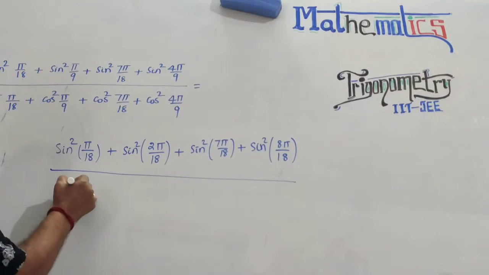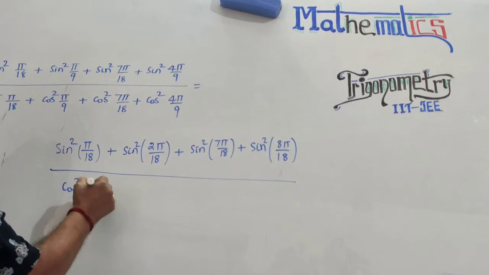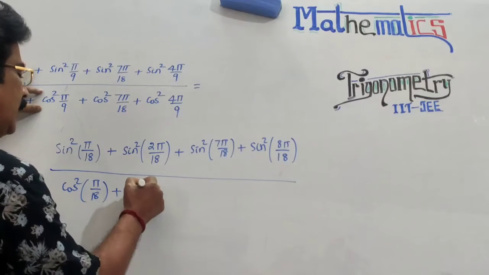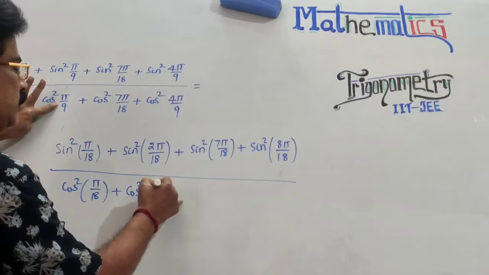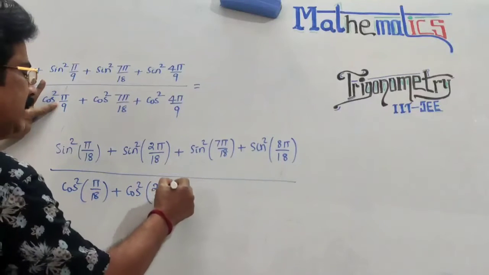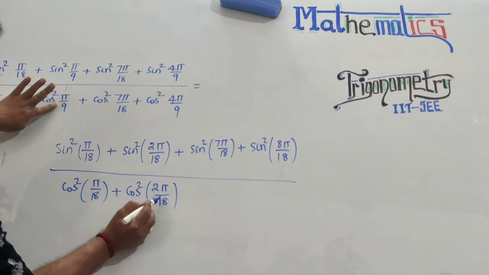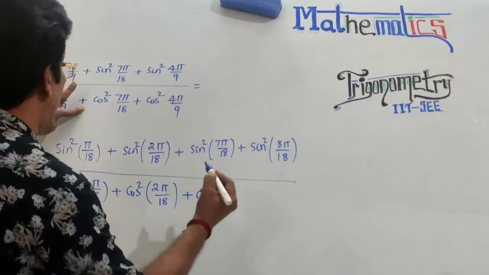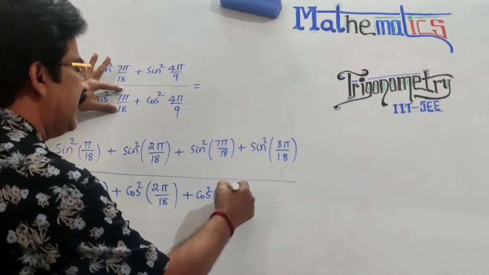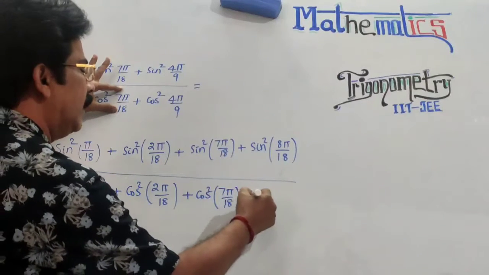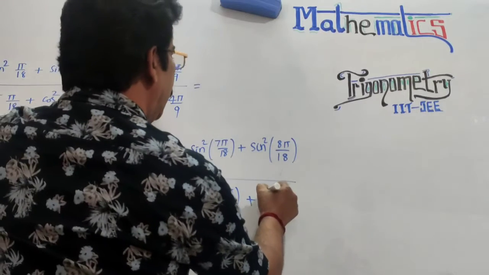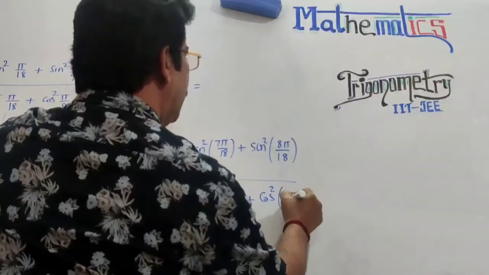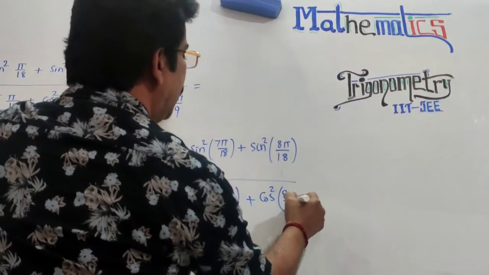Similarly in the denominator also: cos² of π/18 plus cos² of 2π/18, because 2 nines are 18, that is π/9, plus cos² of 7π/18 plus cos² of 8π/18, 4 times 2 is 8, 9 times 2 is 18.